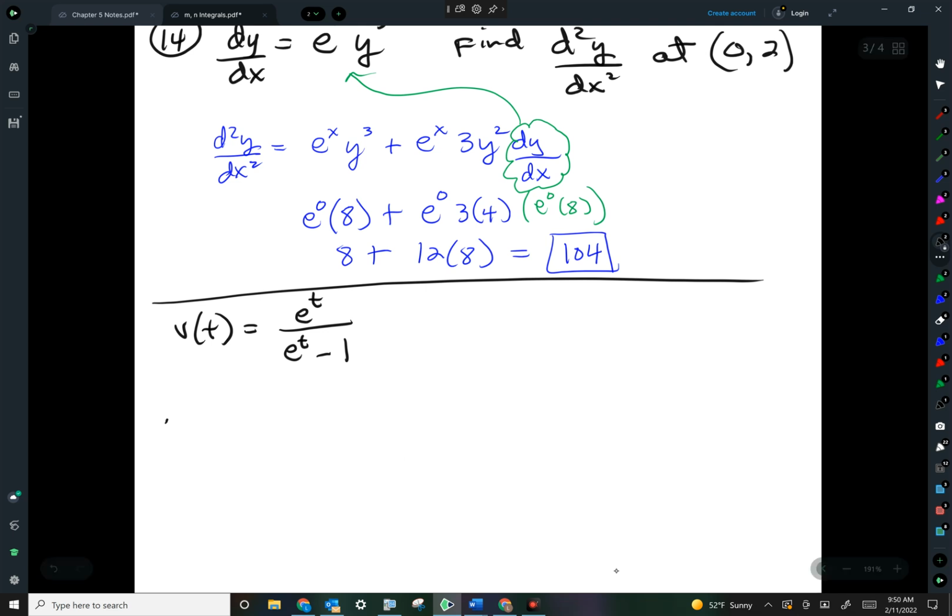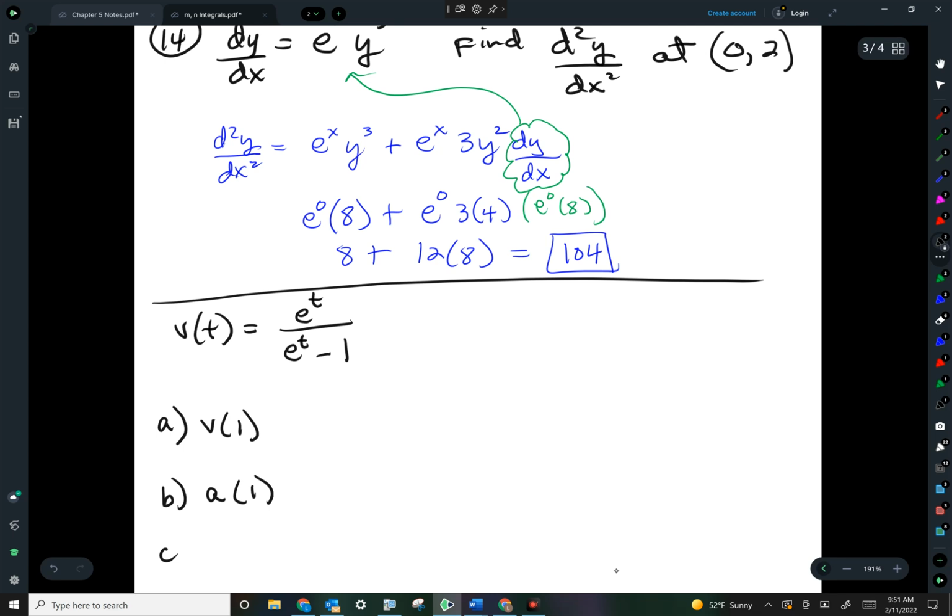You know how it goes. A particle is moving along the y-axis in such a way, blah, blah, blah. Part A is find the velocity at 1. Part B is find the acceleration at 1.